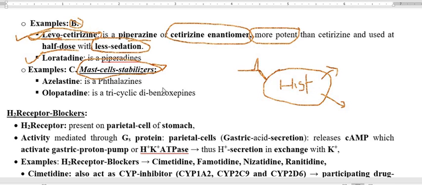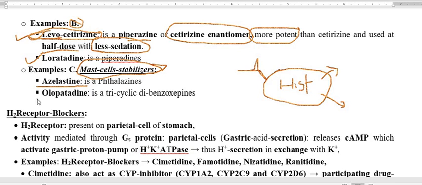So a mast cell stabilizer is going to inhibit the breaking of the mast cell, to prevent the release of histamine that produces reactions like anaphylaxis. Two drugs under this are very important and most usable: azelastine and olopatadine.